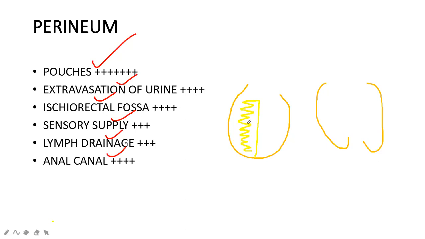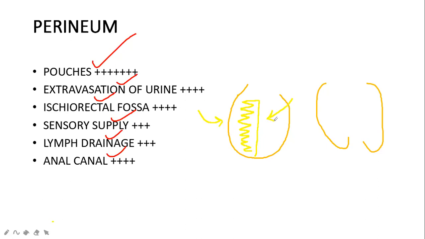Also, we can get sensory supply from the perineal branch of the pudendal nerve.